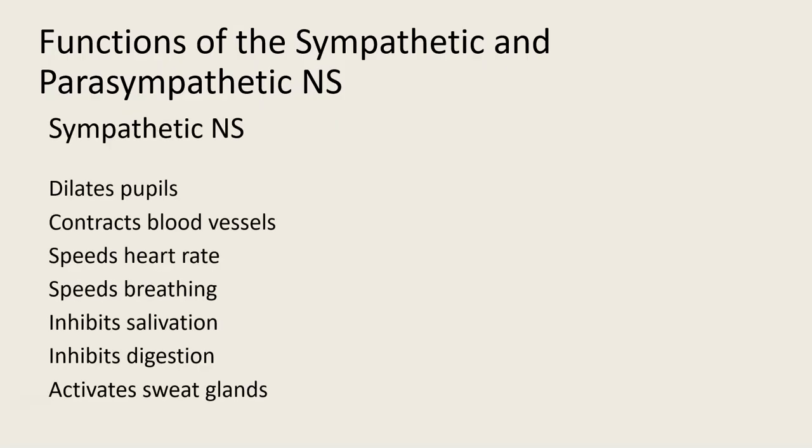The sympathetic nervous system, as I mentioned before, is essentially responsible for getting you ready for an emergency, if your sensory systems detect something that requires your absolute focus and attention. So you're driving your car and you notice that the car in front of you has stopped suddenly.